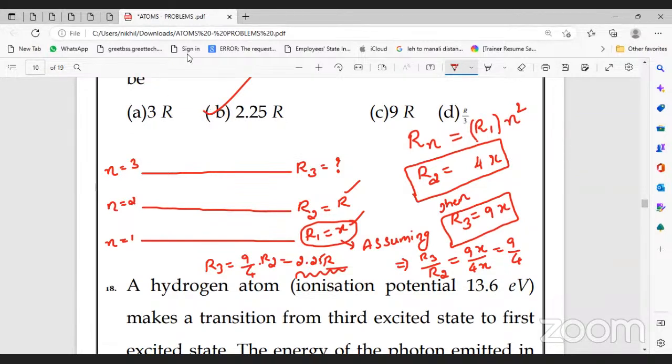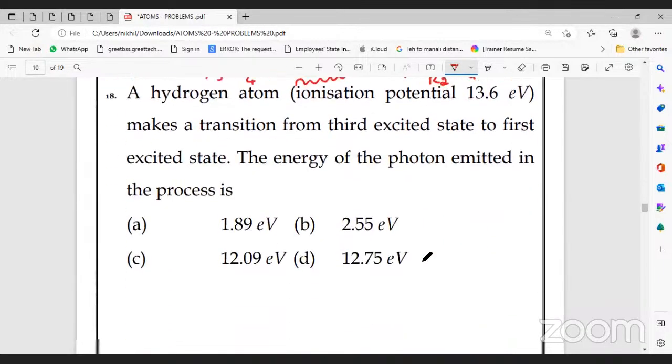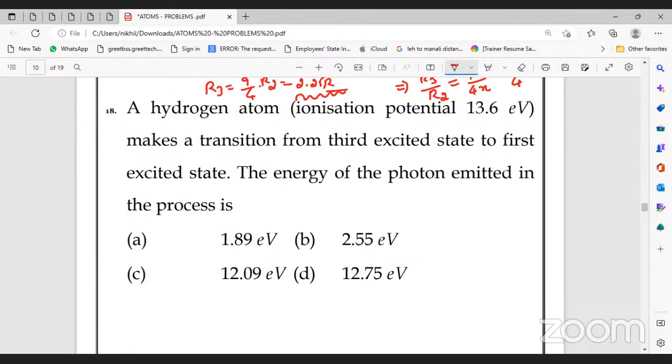This is quite important, students. Similarly, they can ask for any orbit, not only the third orbit, by giving the second orbit radius.